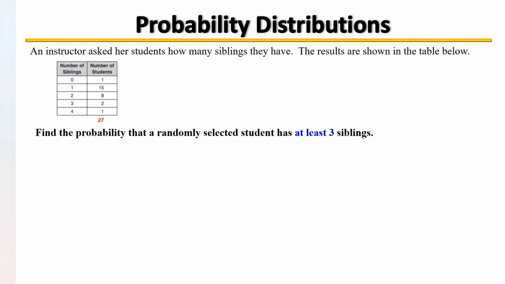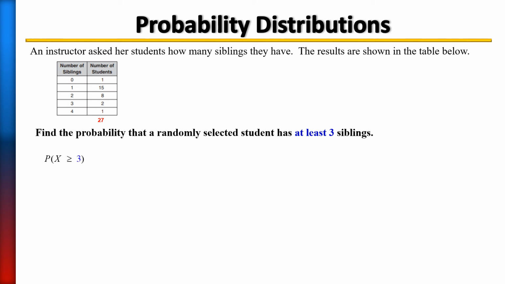Using the same example, find the probability that a randomly selected student has at least 3 siblings. So at least 3, meaning that it could be 3 or more. To write that as an inequality, the random variable x, we're finding the probability that it will be greater than or equal to 3, meaning it can be greater than 3, and it can also be 3.